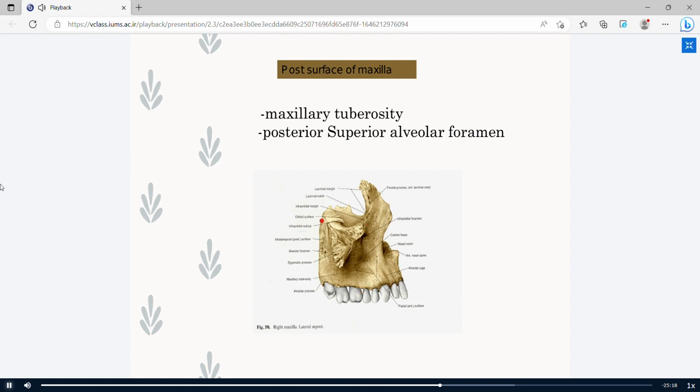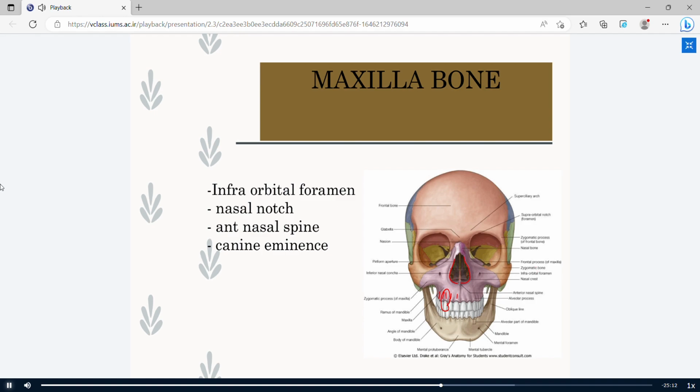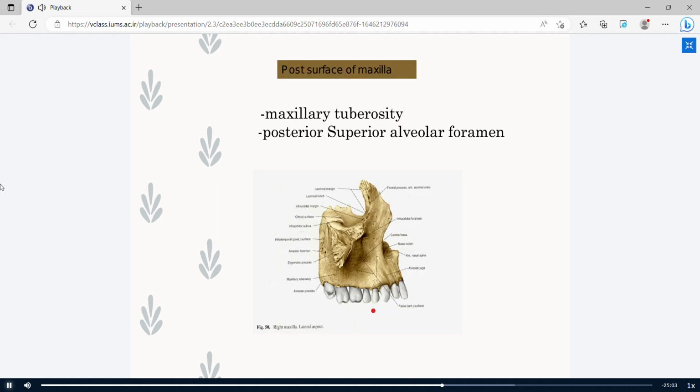This is the posterior surface of maxillary bone, because the body of maxilla has an anterior surface, posterior surface, and superior surface. This is anterior and this posterior surface is separated by zygomatic process.